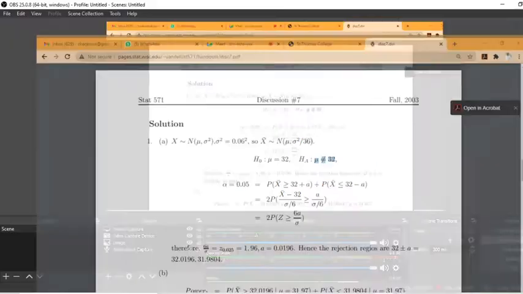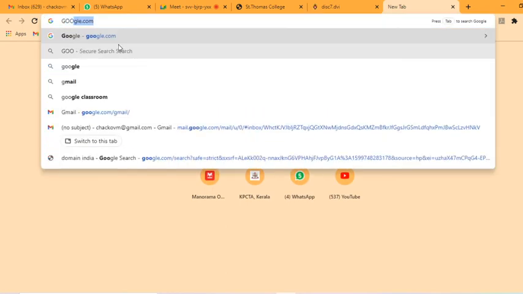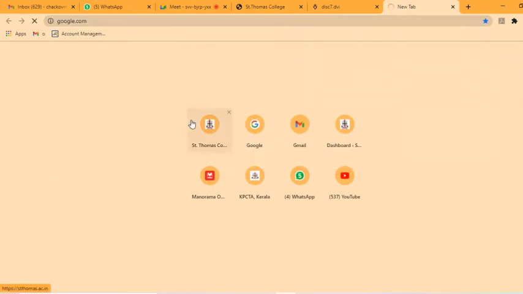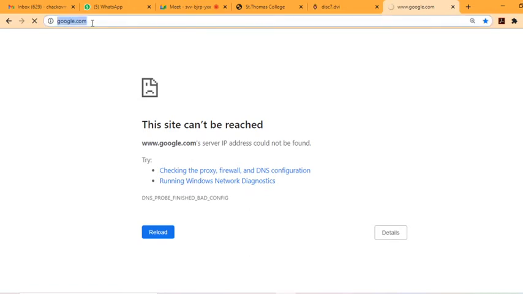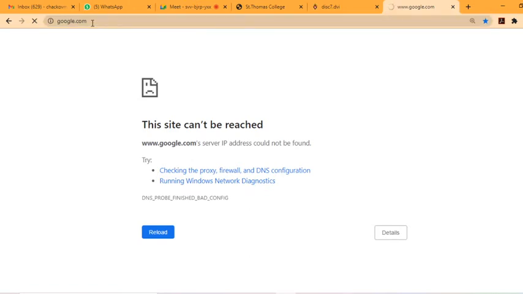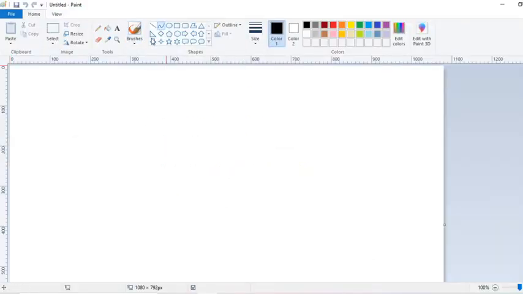Let me take a normal curve. The normal curve is a bell-shaped symmetric curve. Anyway, I will draw that curve.